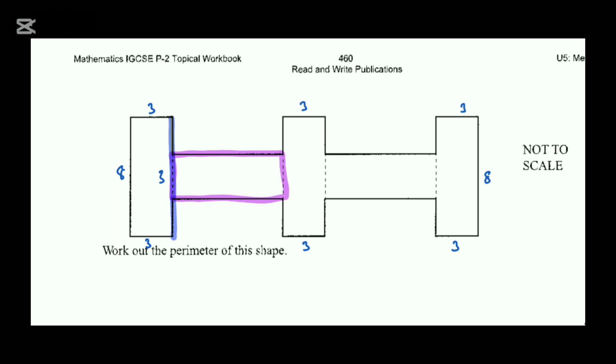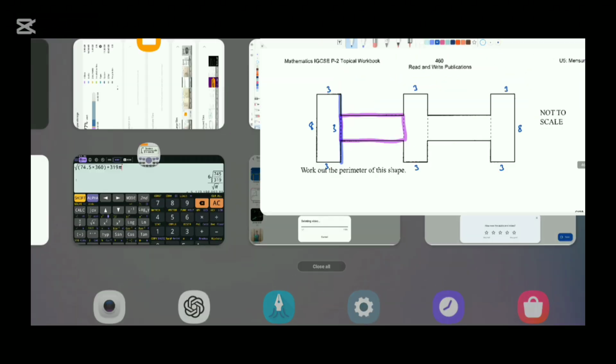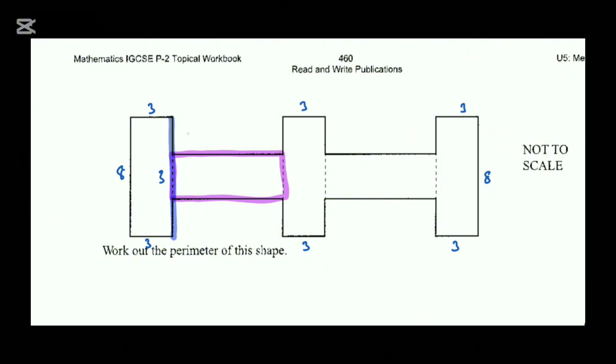If you subtract 3 from 8, you will get 5. So this one plus this one is 5. You can say one side is 2.5. This is also 2.5. So this is 2.5, 2.5, 2.5, 2.5.